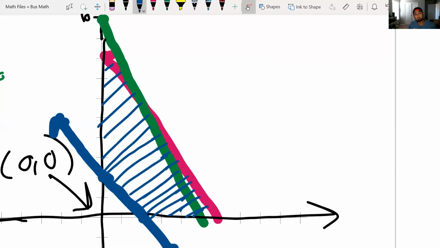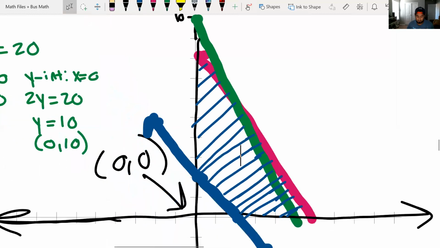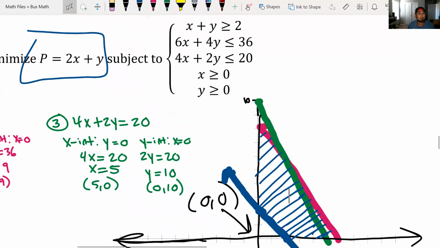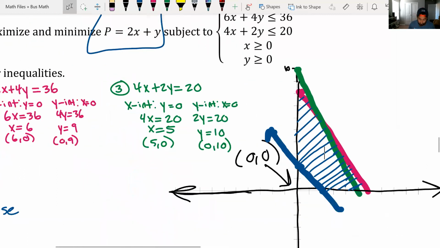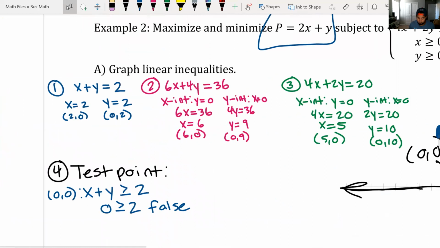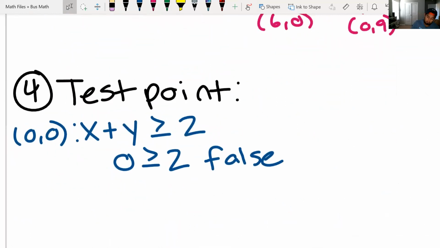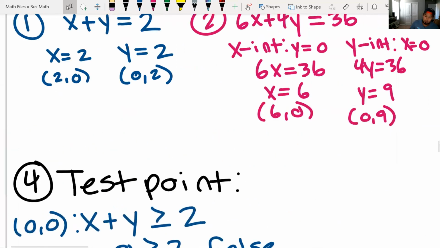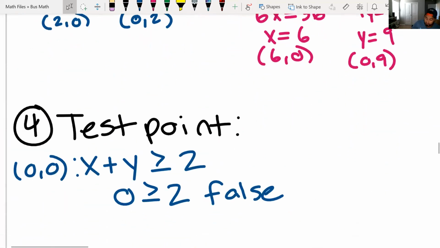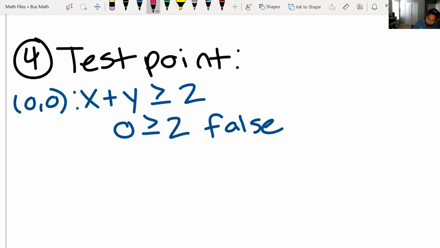Okay. And now we'll test it into the red function, and the last two are less than or equal to. So we know that's going to be true for both of them. But I'll just write it down to do it. 6x plus 4y less than or equal to 36.